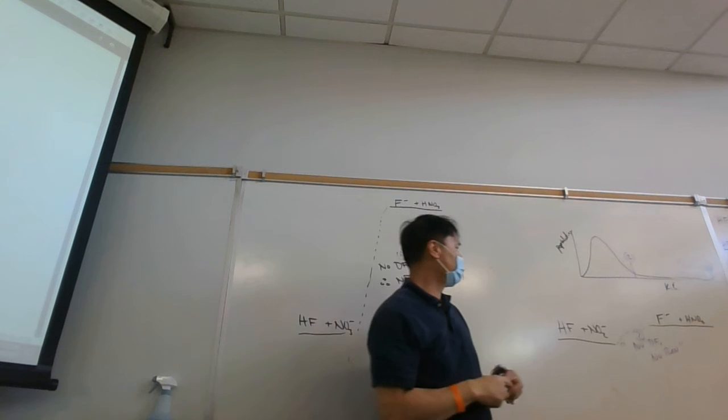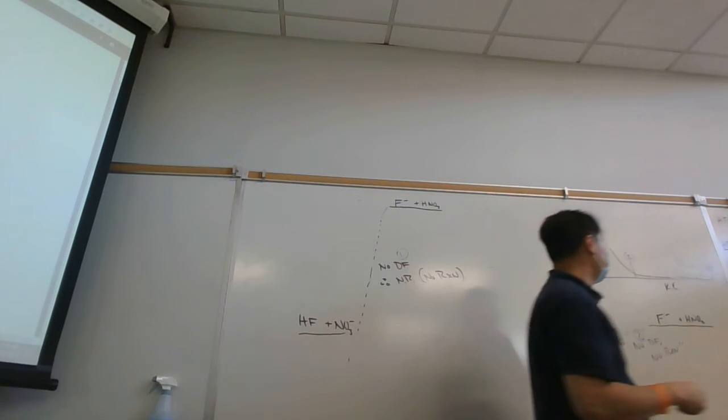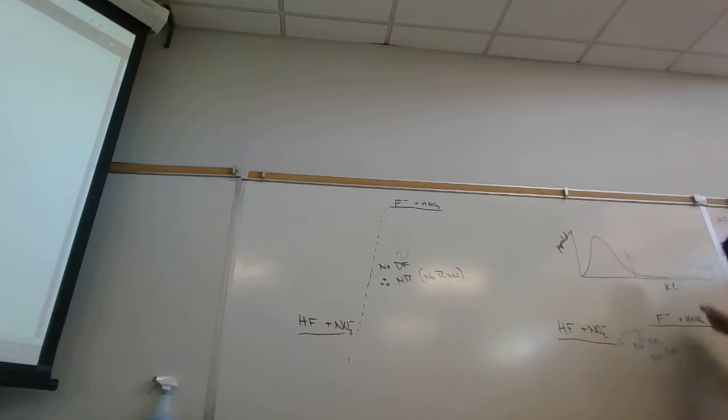So the bulk of it will stay no reaction because it's going uphill, not downhill. But there's going to be a fraction here that's going to have sufficient energy to make it up. And this fraction will be given by this population here under the curve. So if we were to say that there's no reaction here, well, that's wrong.